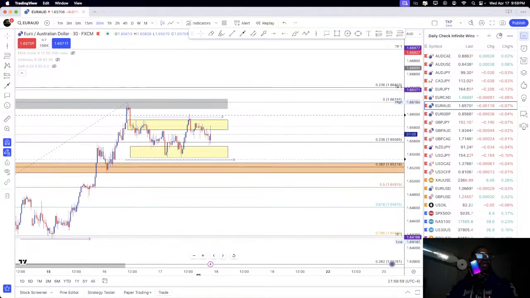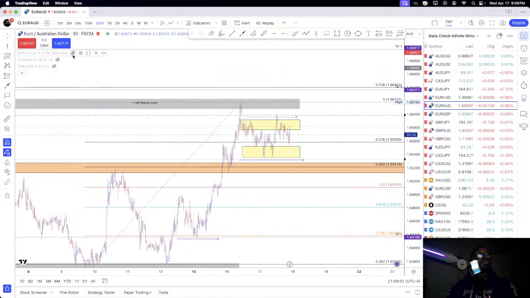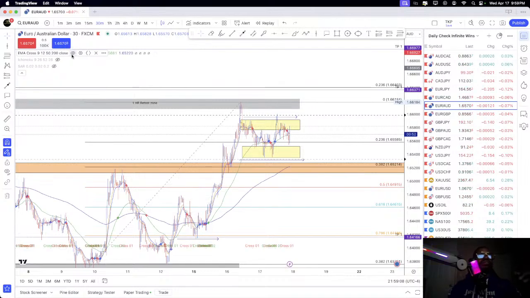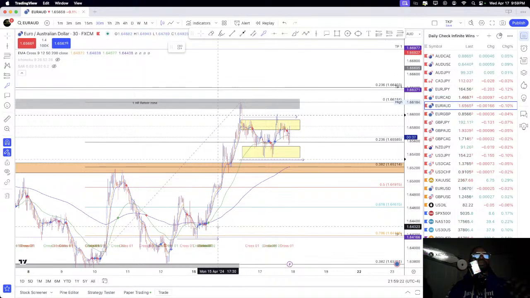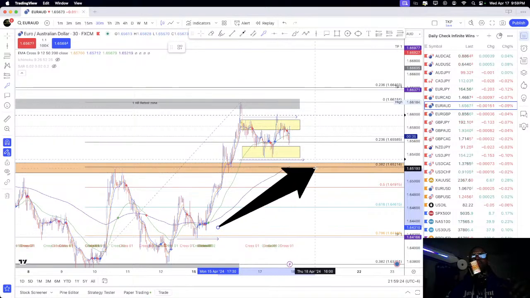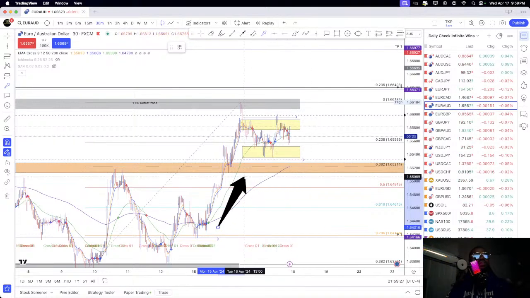Now let's check our EMAs to see if the momentum is still bullish or if it switched to a bearish sentiment. Right now, if we look at these EMAs and what's going on with price, we can see that our 200 EMA is pretty much aligning with this 382 level on the fib.